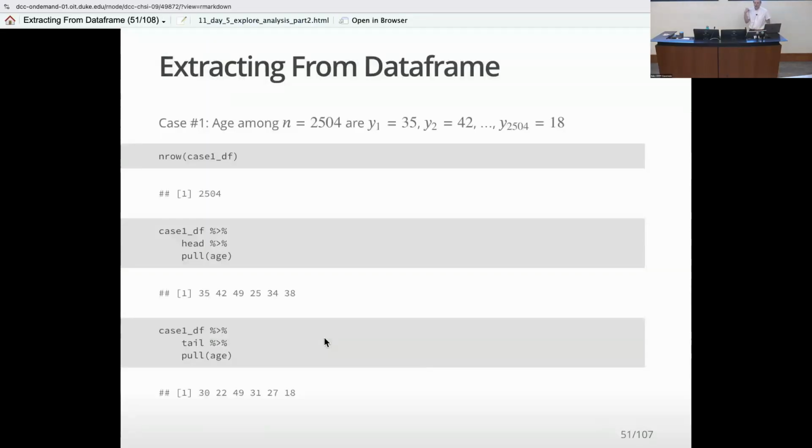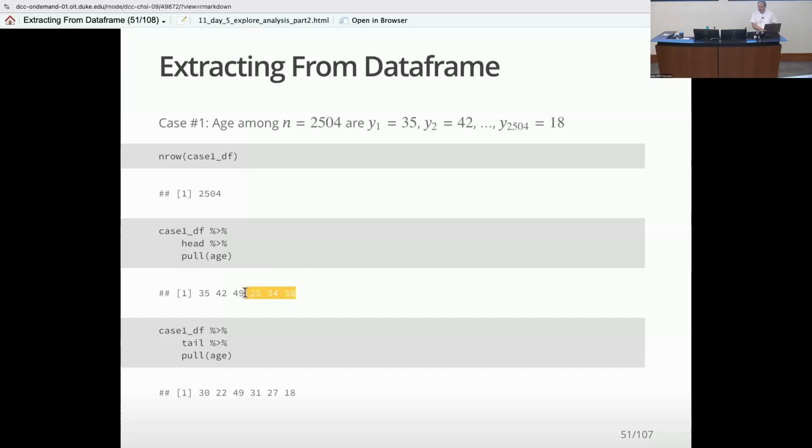Here we can do the same thing with our case study 1 and case study 2 data. We can get the n by looking at the number of rows. For case study 1, we have 2,504 rows, that's the population size. Then we can pull out the age values from just a few subjects.